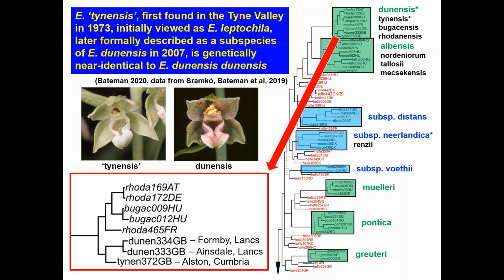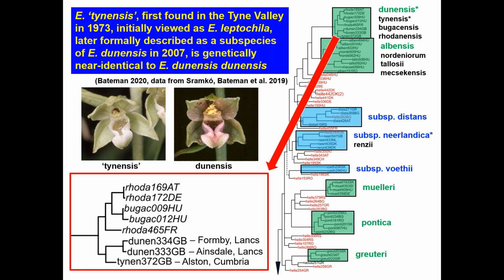Something else I could point out at this point is there are several other names in this diagram. Next to Junensis, we've got Rhodanensis and Bugacensis from France, Hungary, Germany, and Austria. What that part of the diagram is telling us is that those two are part of Epipactis junensis. Although continental Epipactis specialists have given them separate names, they are actually, from a genetic viewpoint, near identical to British Epipactis junensis.